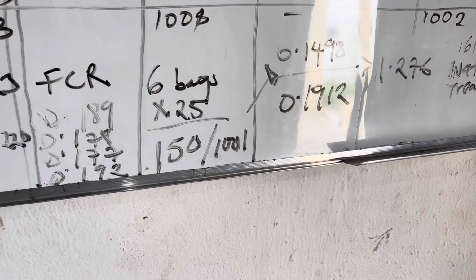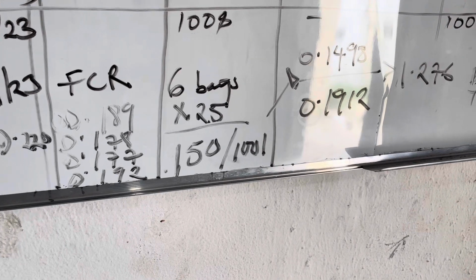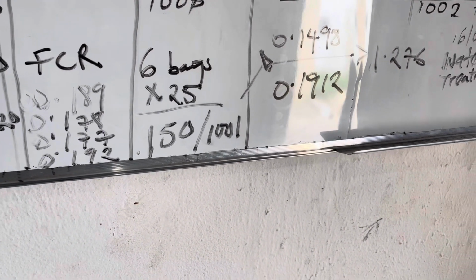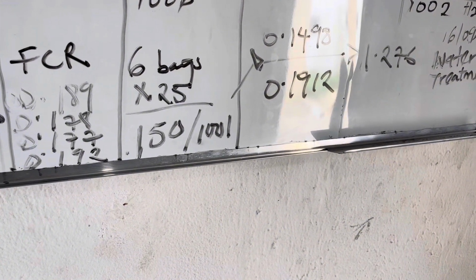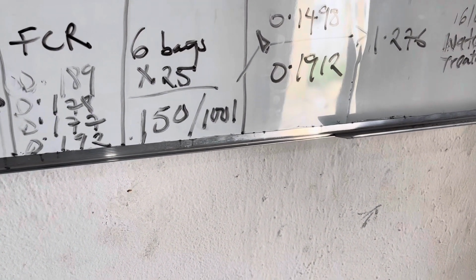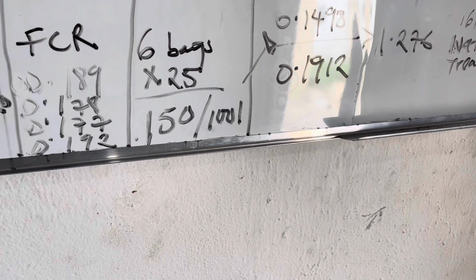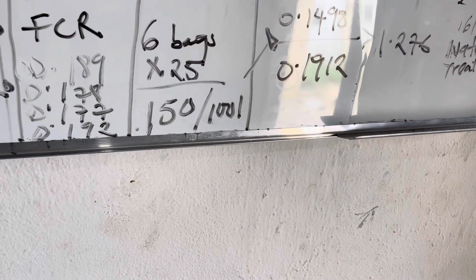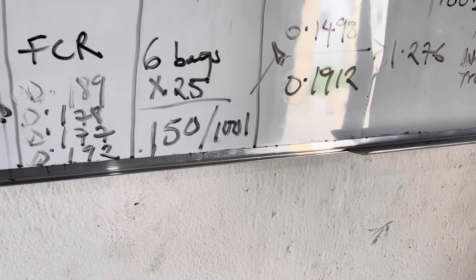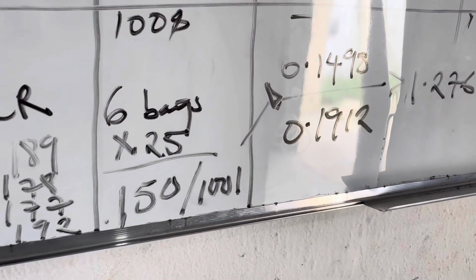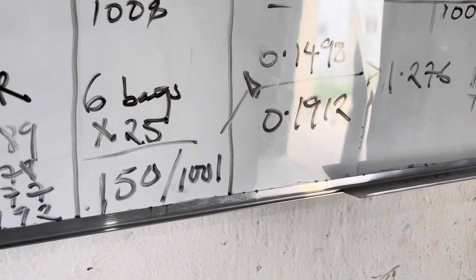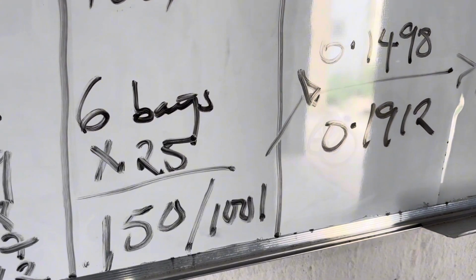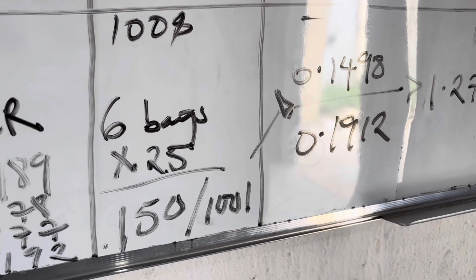So your bird should weigh, if they consume 0.167, they should give you around 0.185 kg. Ours is even better, as they consume less, which is 0.1498. You can see that, and yet we have an average live weight of 0.1912.